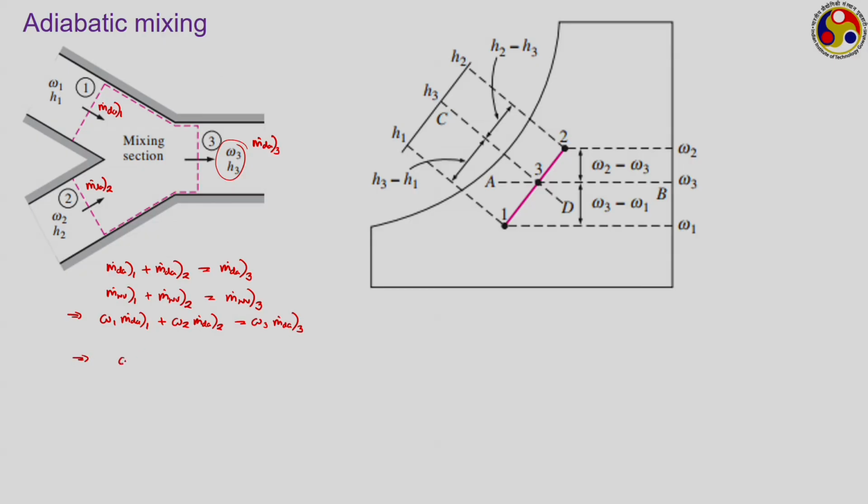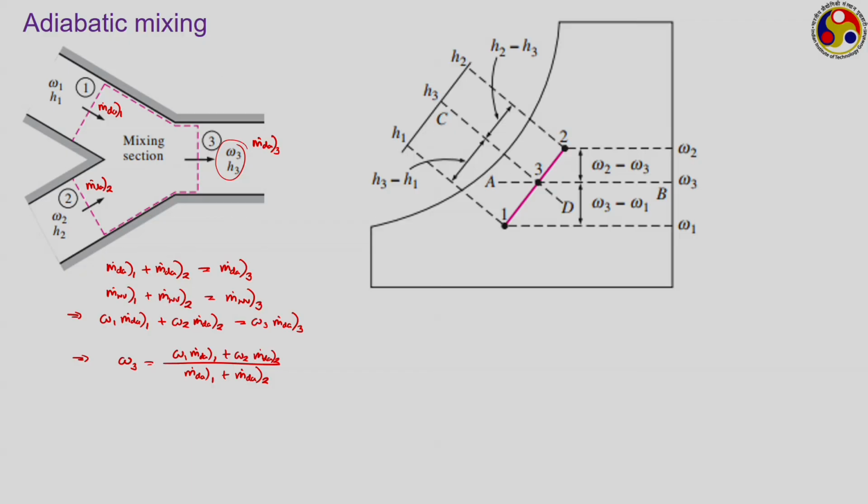From here we can get the specific humidity for the final mixture to be equal to omega 1 into m dot dry air for 1 plus omega 2 into m dot dry air for 2 by m dot dry air for 3, that is m dot dry air for 1 plus m dot dry air for 2. This is the specific humidity for the final mixture.